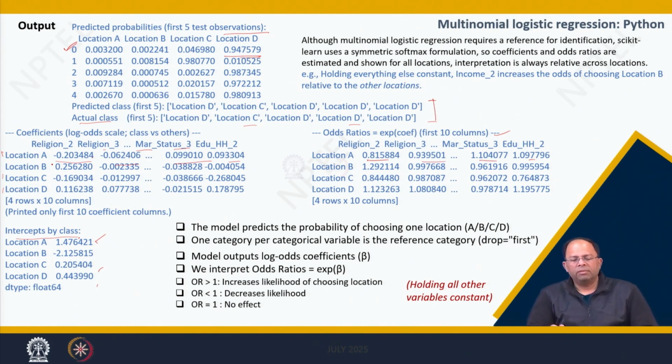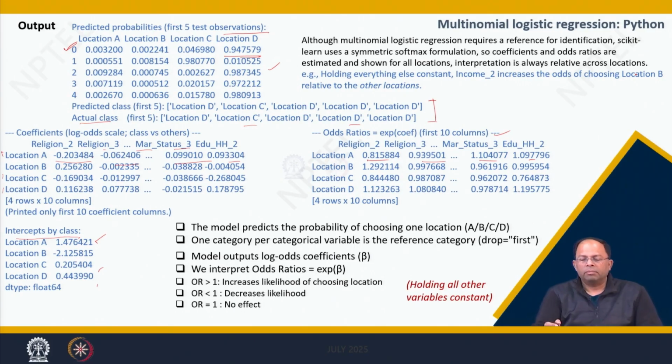Now, what we have learned in multinomial is that we should always predict based on the probabilities, relative to another class. Although multinomial logistic regression requires a reference for identification, because we are using sklearn, we use a symmetric softmax formulation so that coefficients and odds ratios are estimated and shown for all locations, and interpretation is always relative across locations.